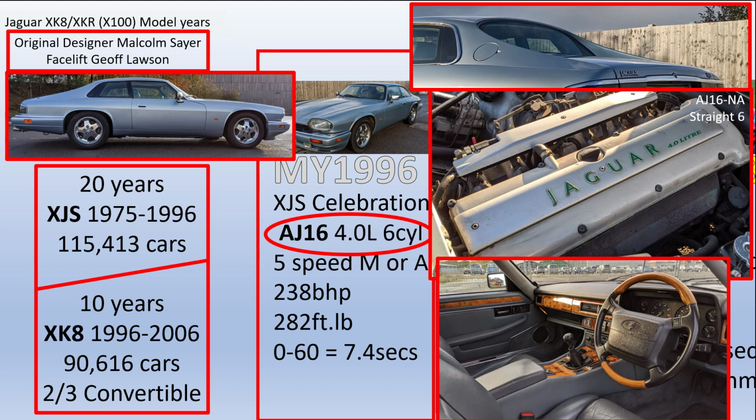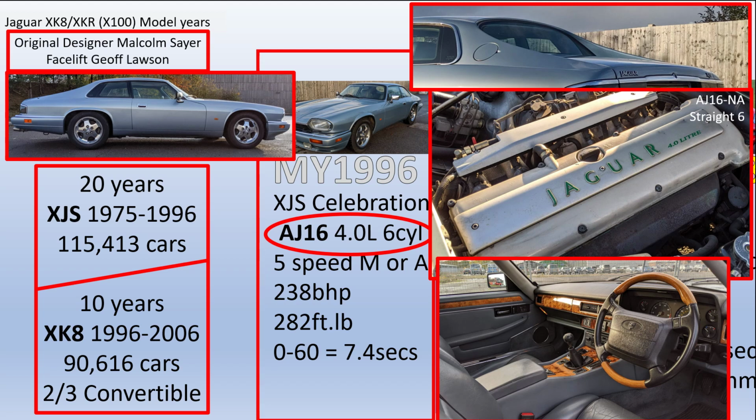The XK8 was available in several engines. The final engine was a 4-litre straight 6. There was a V12 you could special order that had been previously built in the car. You could have a 5-speed manual or automatic.